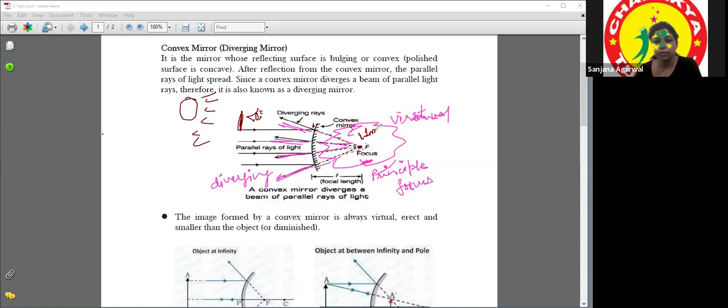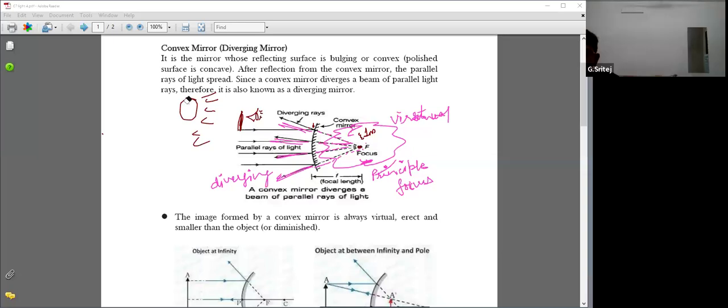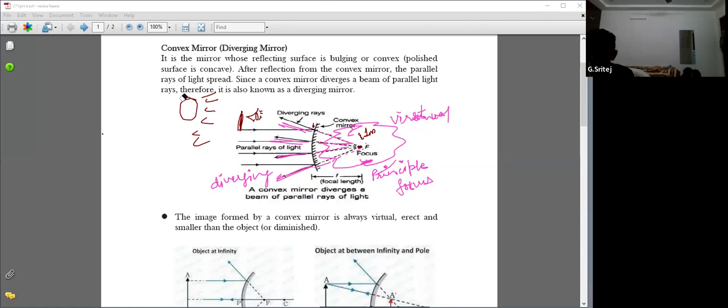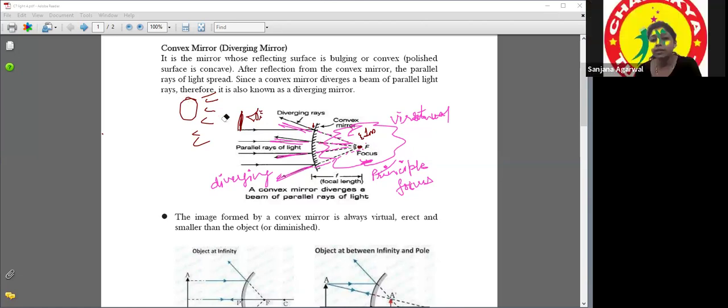Should I erase it? Ma'am, since it is being uploaded in the app, we don't need to note it down, right? I mean, this diagram at least you can note now because I have to erase this. Okay, ma'am.